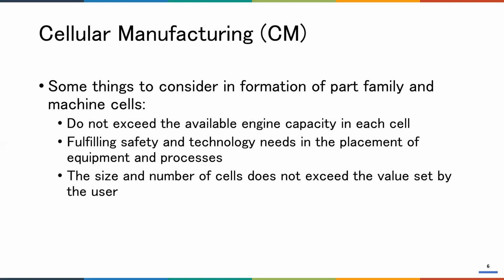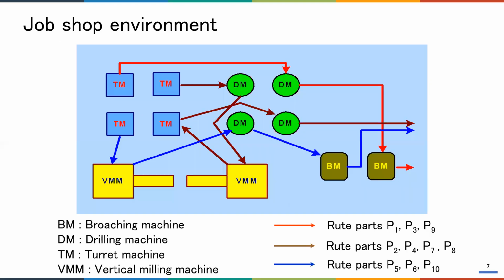So for example, the user only wants 3 cells, so we will try to make only 3 cells. And if having 3 cells is actually impossible, then maybe they need to reconsider not having cellular manufacturing, or CM, and rather use the traditional layout.